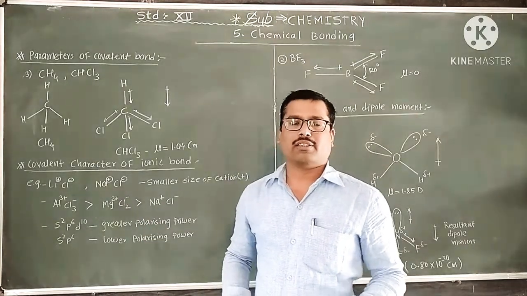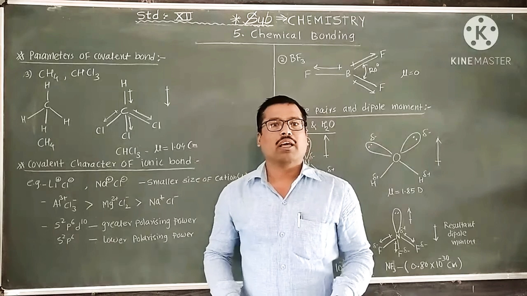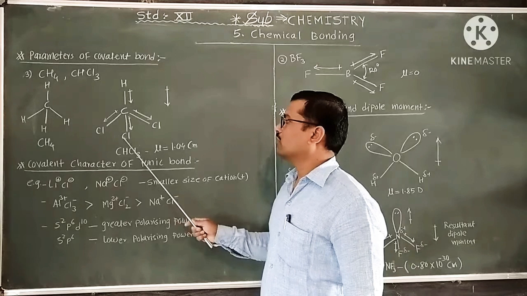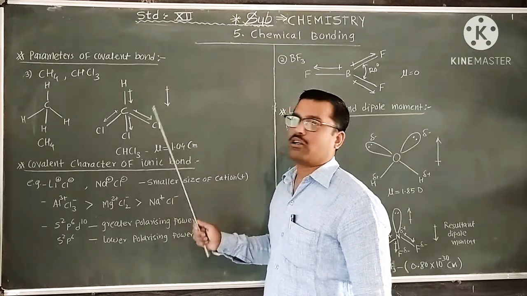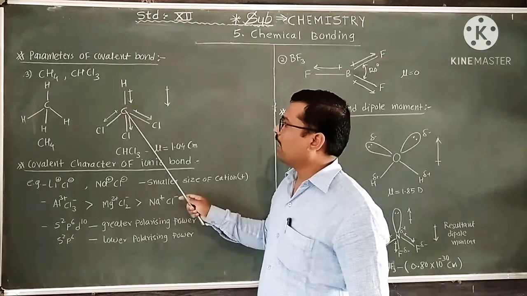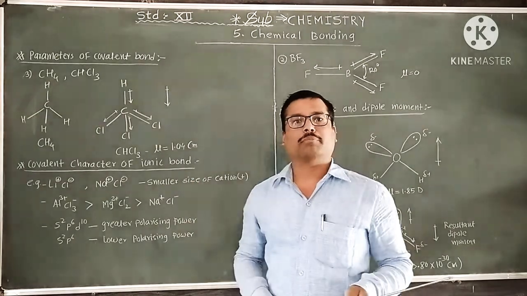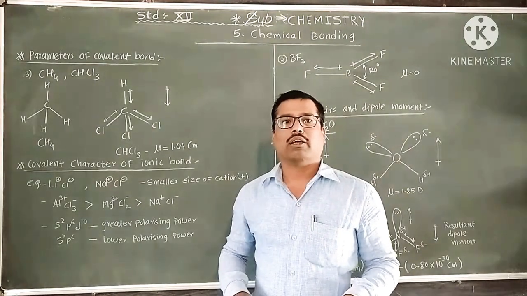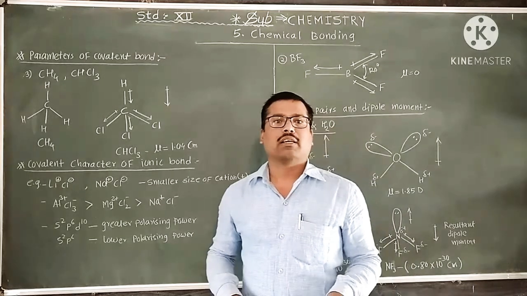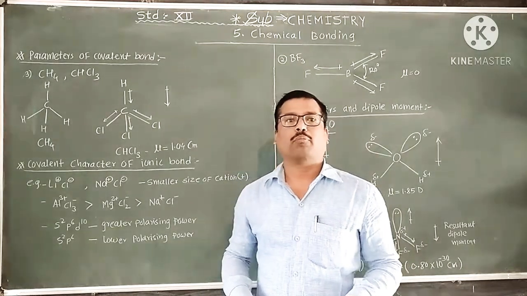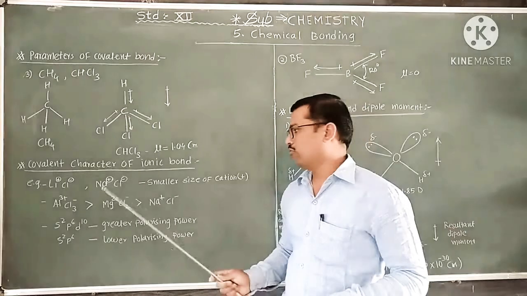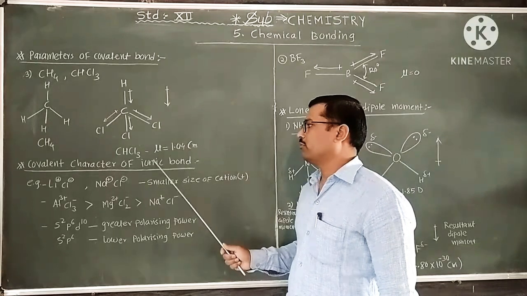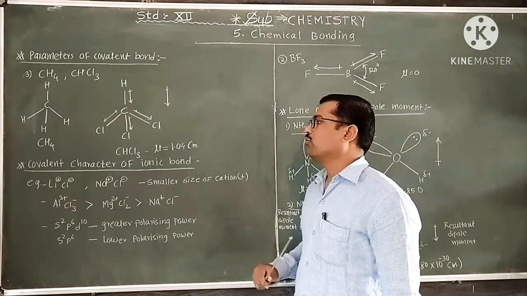Whereas in a CHCl3 molecule, there are 3 carbon-chlorine bonds, 1, 2, 3, and 1 carbon-hydrogen bond. Their dipole moments are not equal, and hence CHCl3 is polar, with a dipole moment of about 1.04 coulomb-meter.